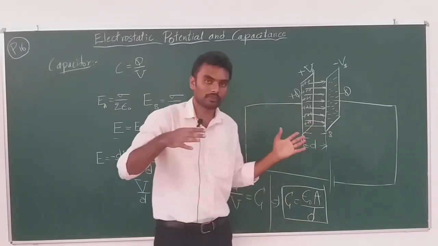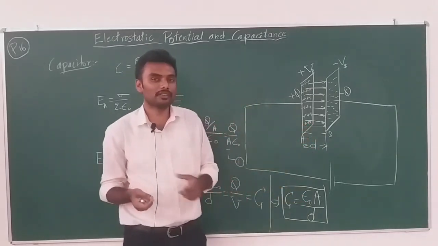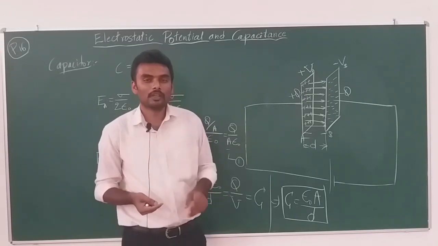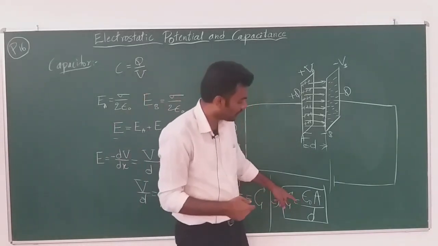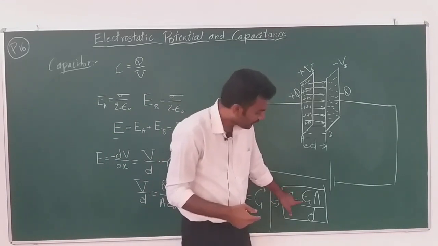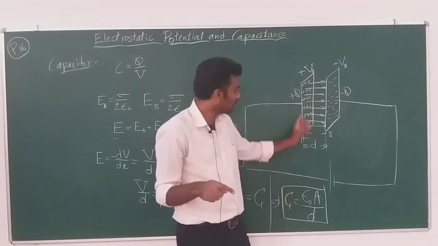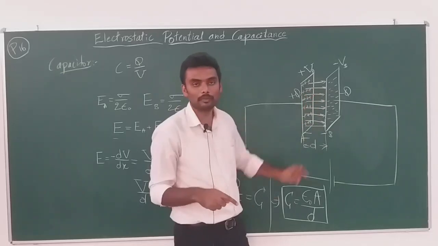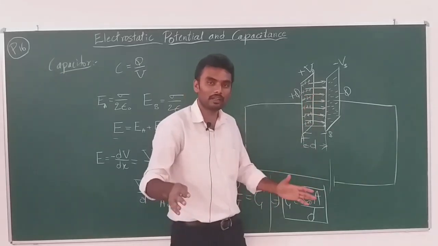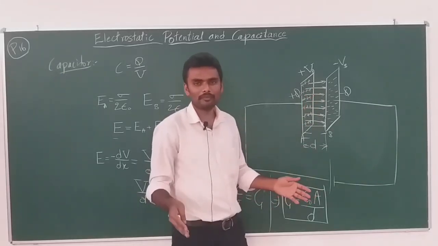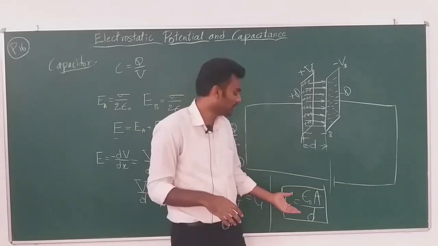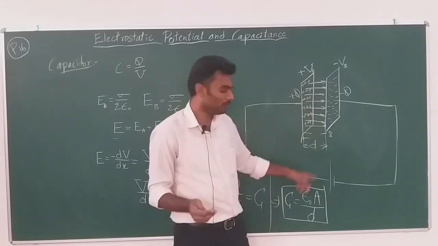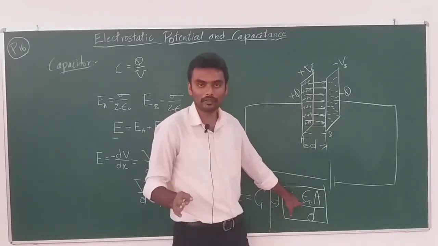You should remember those things, which is why I stressed them while solving problems from the previous chapter. Instead of epsilon naught, I should have put epsilon if I had a certain medium placed between the plates. Now, no medium, it is simply air. Air is also a medium, but air has an electric permittivity similar to that of vacuum, so I took epsilon naught.